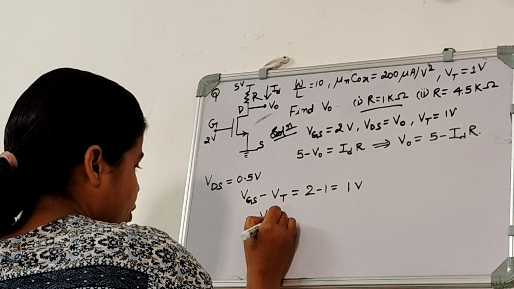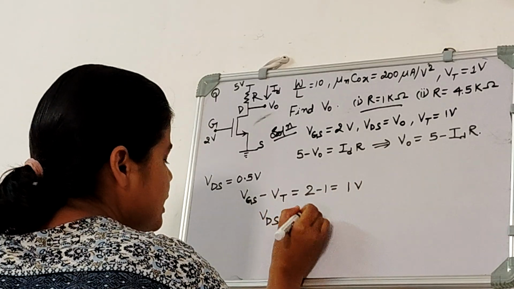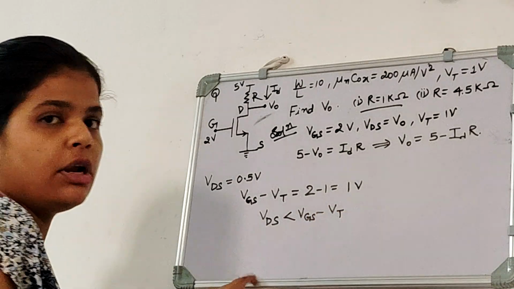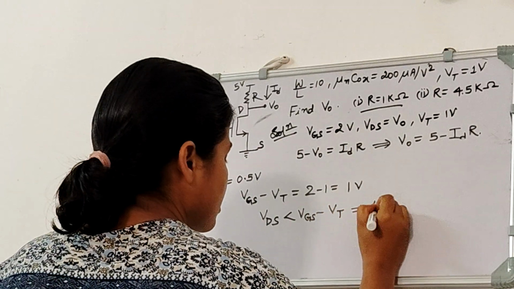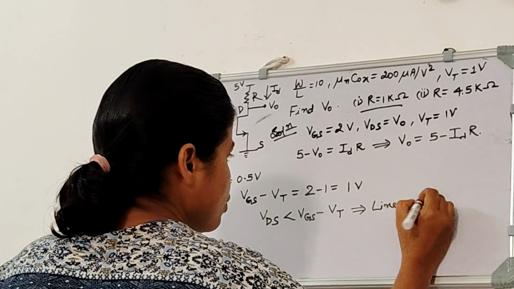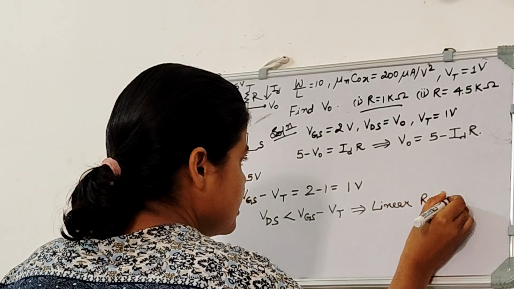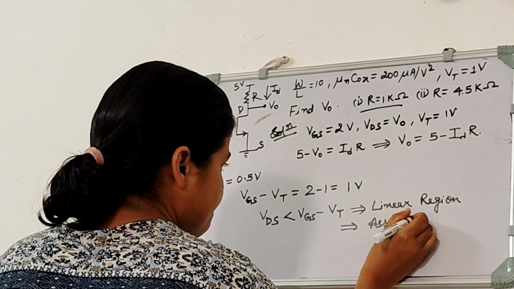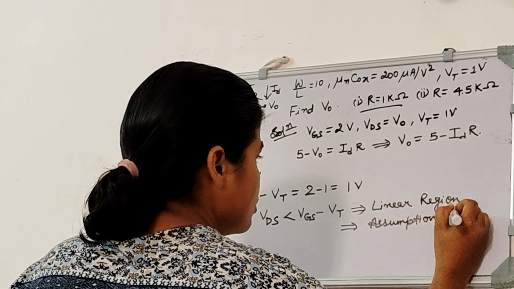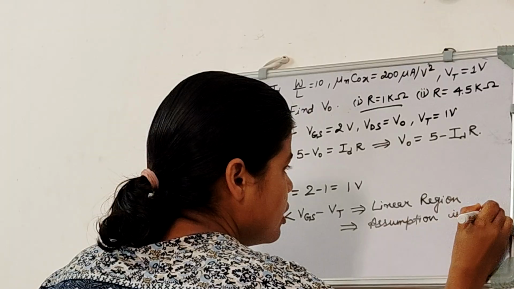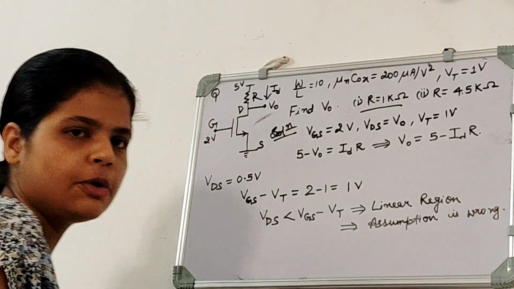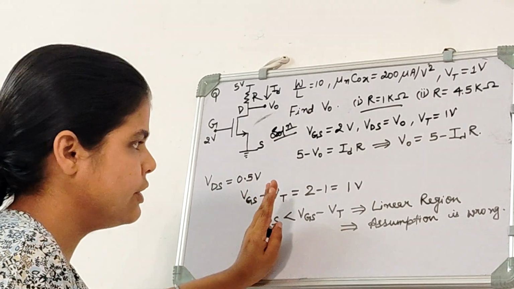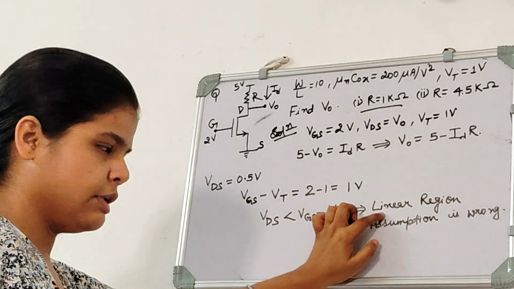And this time VDS is less than VGS minus VT, and this is the condition for linear region. So we can say that this time our assumption is wrong. So whatever we got for V naught is also wrong, because we assumed that our MOS is working in saturation region, but in reality it is working in linear region.